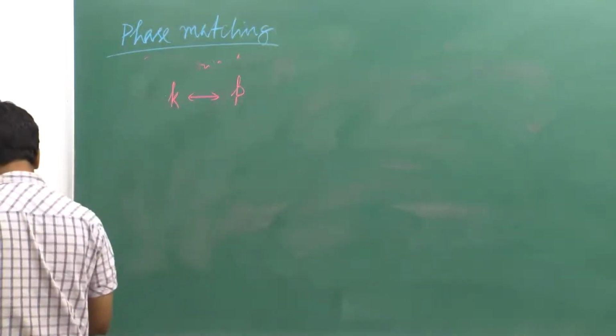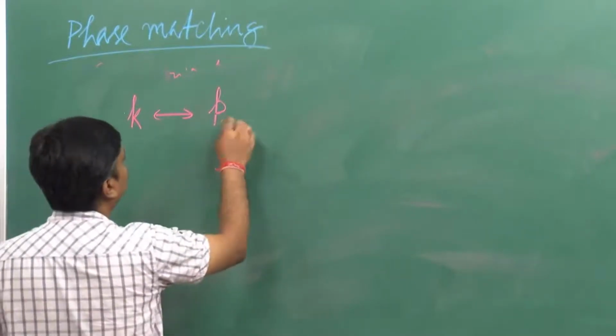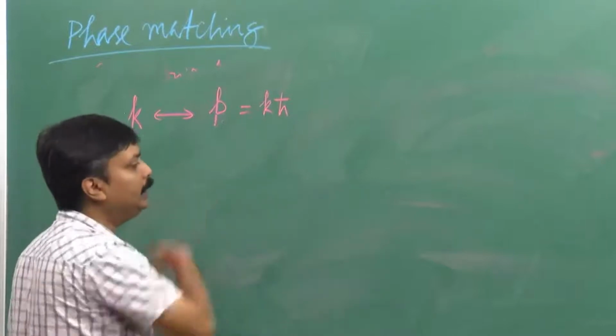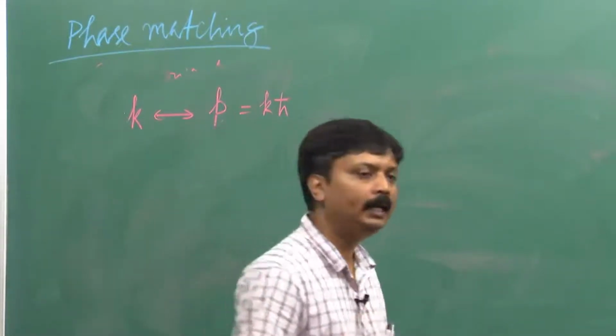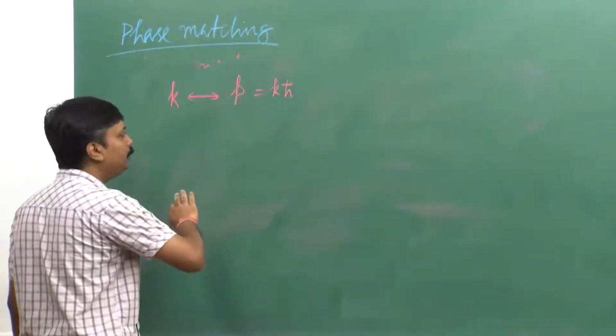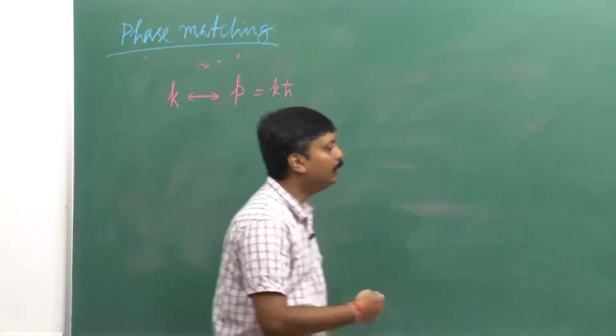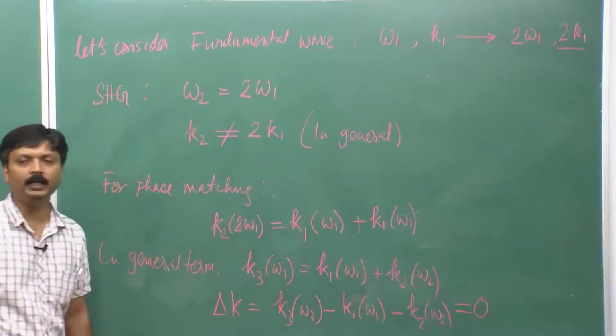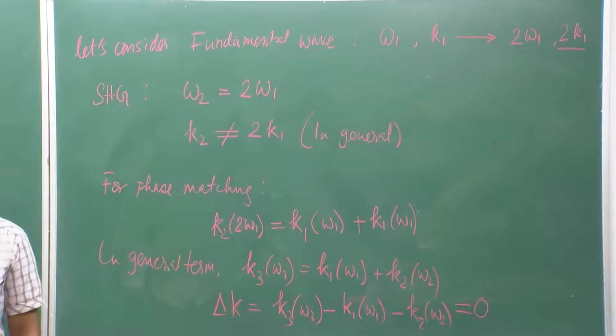So, p equals k h cut. So, this relation simply tells me that what I am having here is an energy exchange between different photons, right, coming from fundamental omega 1 to the second harmonic 2 omega 1.